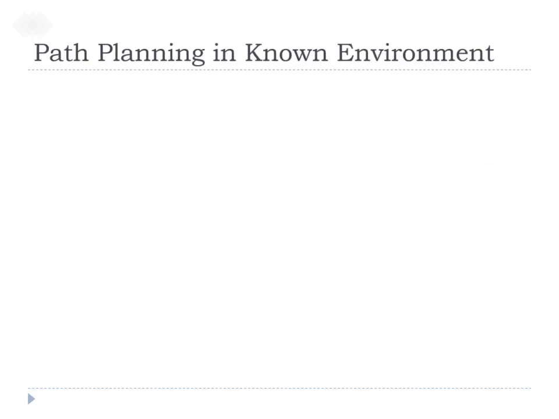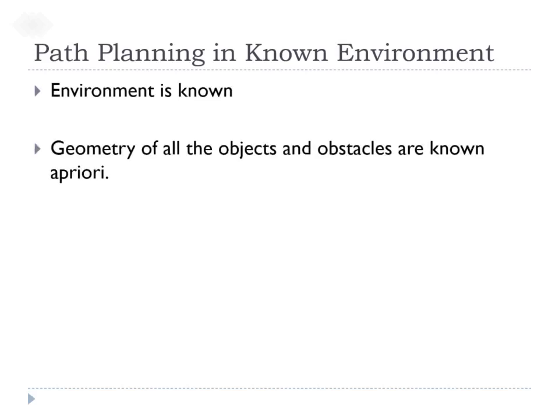Recall that in an unknown environment we use algorithms like the bug algorithm because there is no information about the geometry of the obstacles. But now the environment is known. You know the geometry of all the objects and obstacles. Then you can plan the paths beforehand. So obstacles can be static or dynamic.